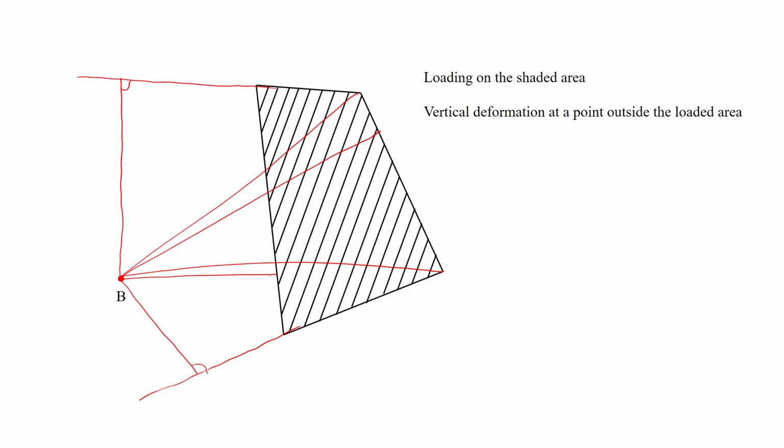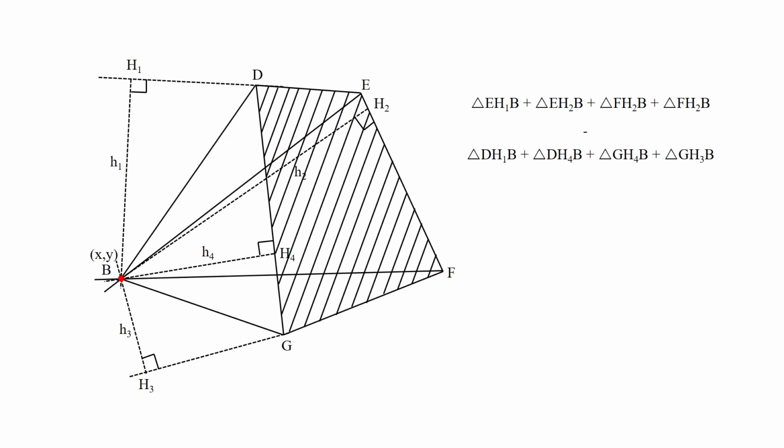Let us say that this area D E F G is the area through which the force is loaded, and I have drawn these perpendiculars as I just did in the last slide, and here these are joining lines and the perpendiculars.